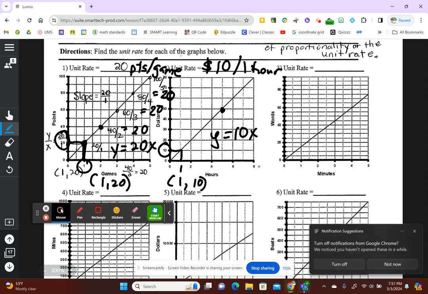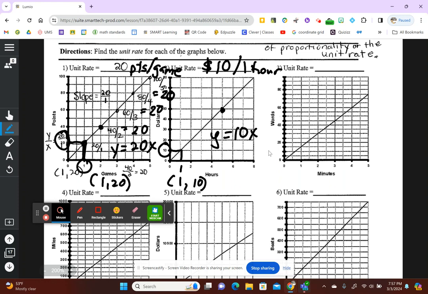Now, for the next one, if I go up 1, this is 15. So this is going to be 15 words per 1 minute. My ordered pair for the unit rate is 1, 15. My equation is y equals 15x.